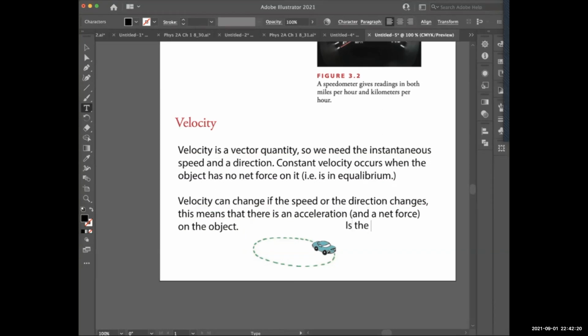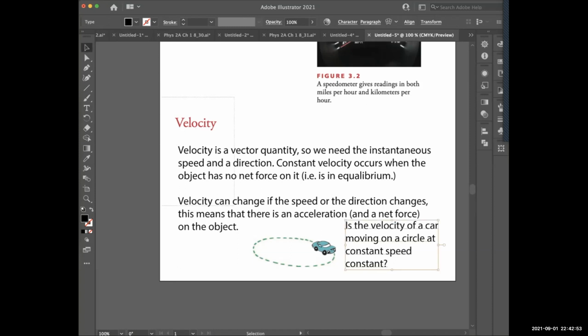Is the velocity of a car moving on a circle at constant speed constant? What do you guys think?